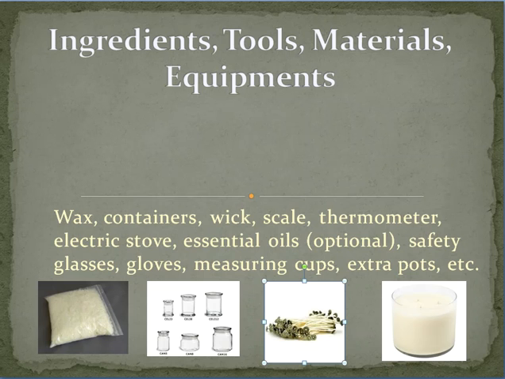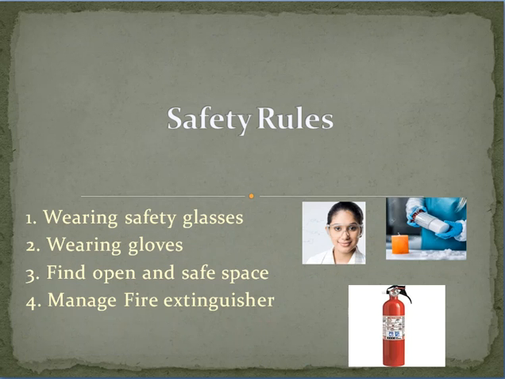It is important that we know about safety rules before making candles. Safety rules. Because it involves heating, wax, and essential oils. Therefore, you have to ensure that you are wearing safety glasses here. We all know that.